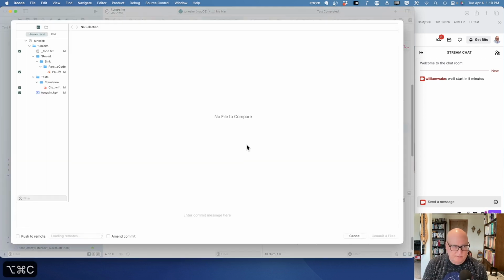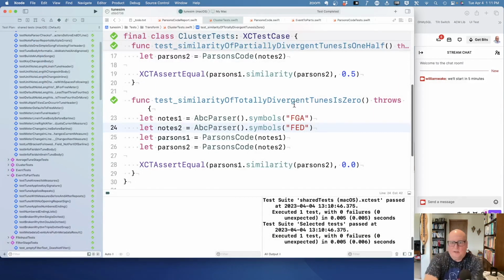All right, so we've made similarity work for same, up versus repeat and up versus down, with tunes of the same length. Now, the formula we have, let's go back to running.